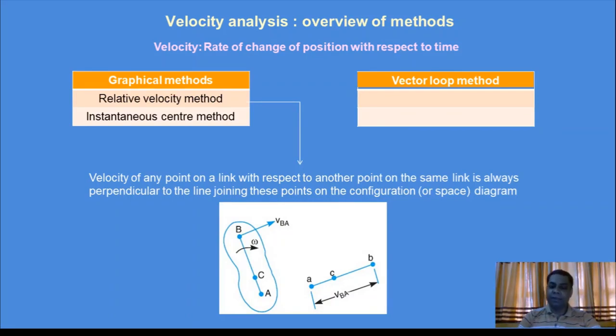What I mean to say is that the physical distance ratio of AC to AB should be similar to the velocity ratio of AC to AB on the vector diagram.